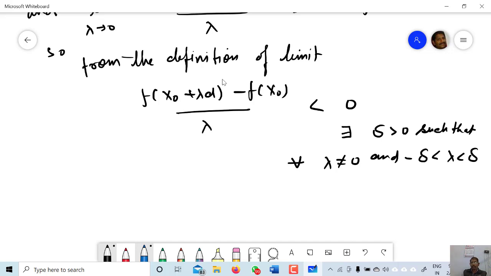So lambda is between minus delta and delta.